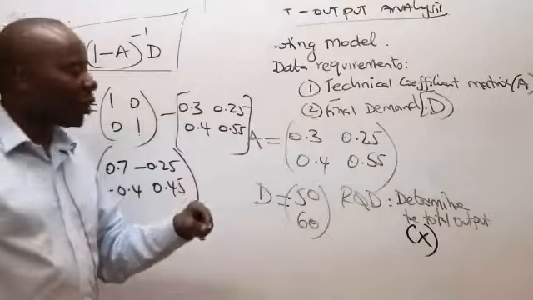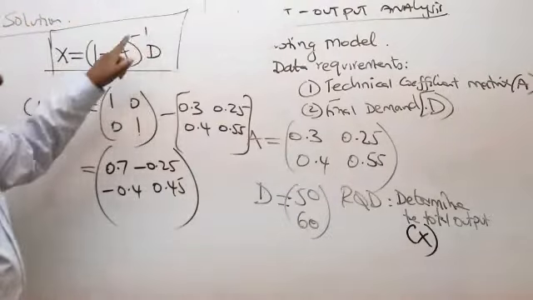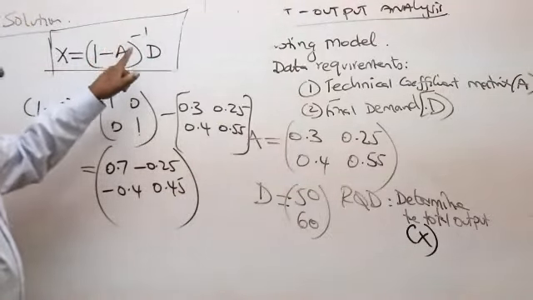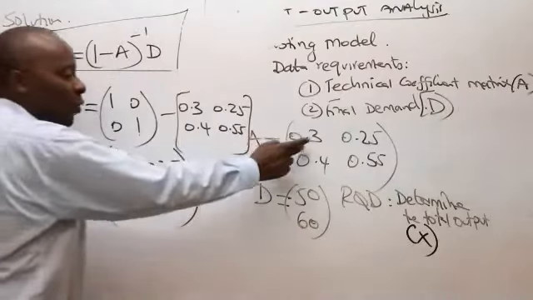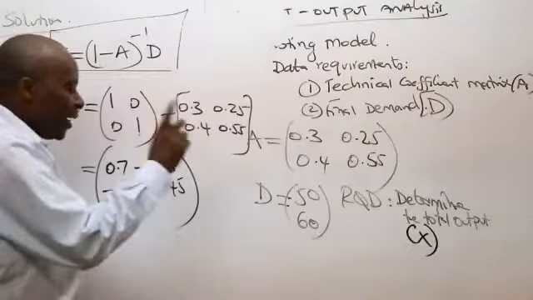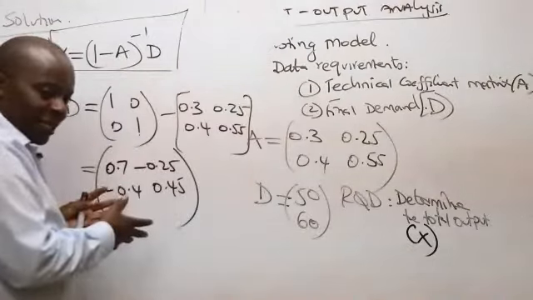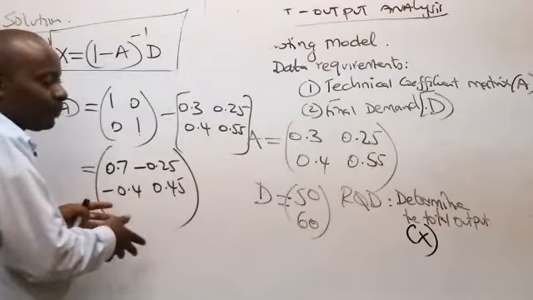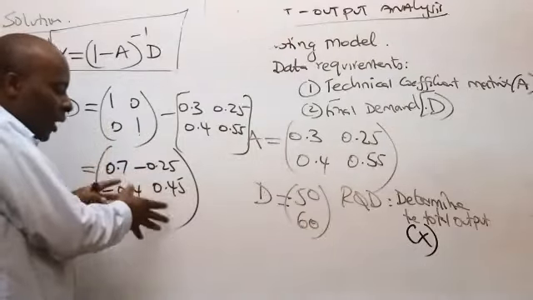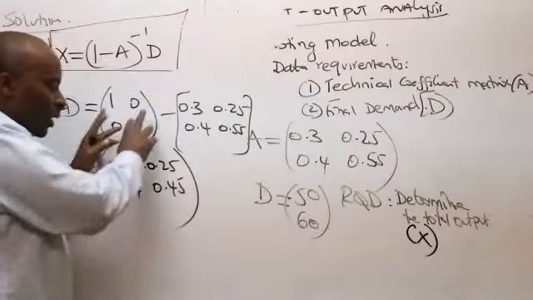Thank you very much. Because this raised to minus 1 means inversion. This means inverse. So remember, we are not getting the inverse of A. We are getting the inverse of I minus A, the result of our subtraction here.